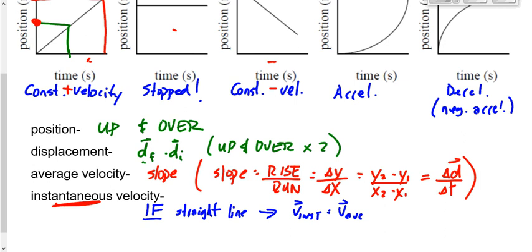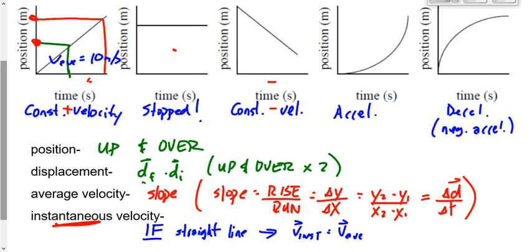I mean, think about that. In this first graph here, if we find the average velocity to be 10 meters per second, and it's 10 meters per second all the way along there because it's constant, then what's the instantaneous here? 10. What is it here? What is it here? Right? If it's a straight line, then the instantaneous is the average.